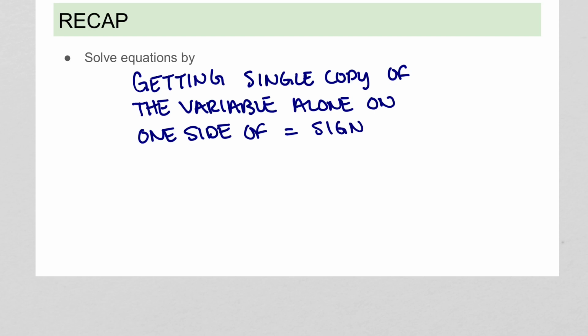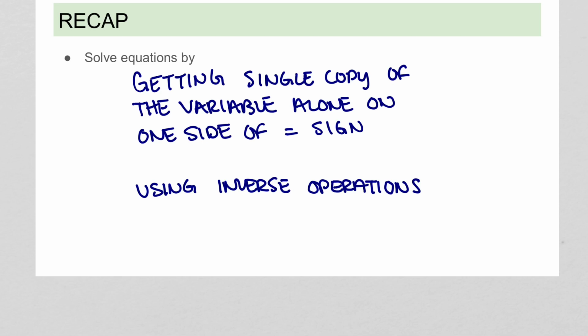So you haven't solved it if you've got an x on both sides. We have to have it just on one side and a single copy of it. And how are we going to do that? By using inverse operations. Remember, those inverse operations undo or take you back to the beginning. All right, so that is solving one-step equations in a nutshell. There you go.